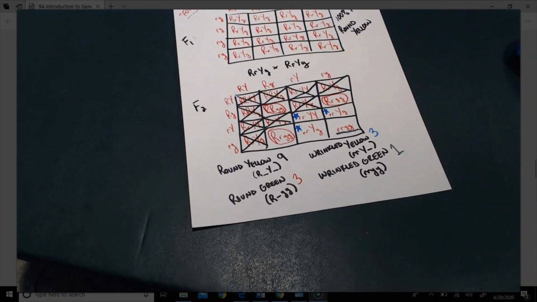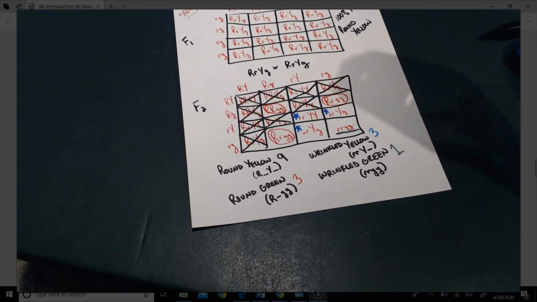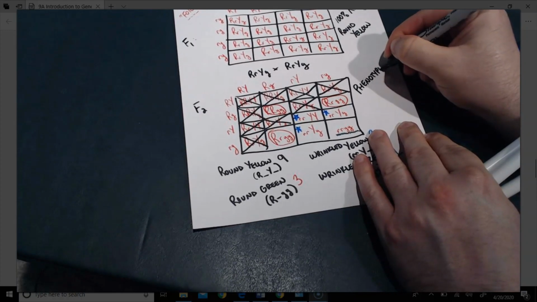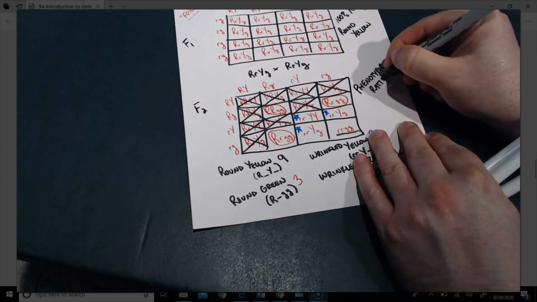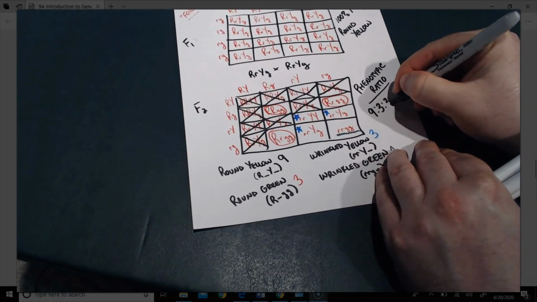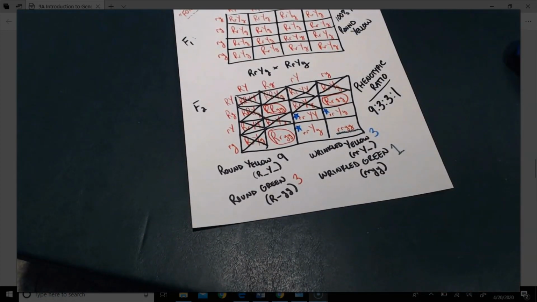All right. So technically, what we just did was we figured out our phenotypic ratio. Right? Phenotypic ratio is 9, 3, 3, 1. Okay.